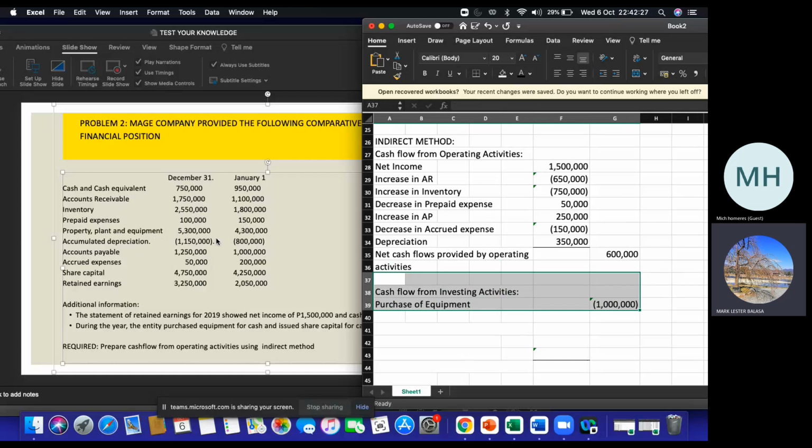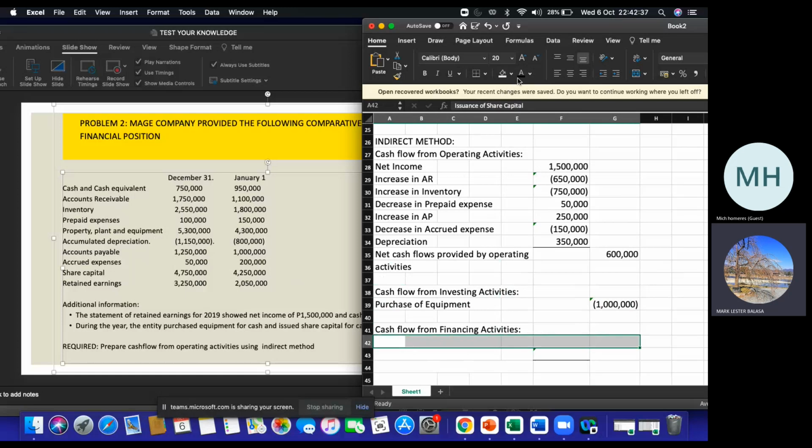And then in financing activities, what do we have in cash flows from financing? We have 500,000 issuance of share capital. So, for 250, and then for 250 and for 750.